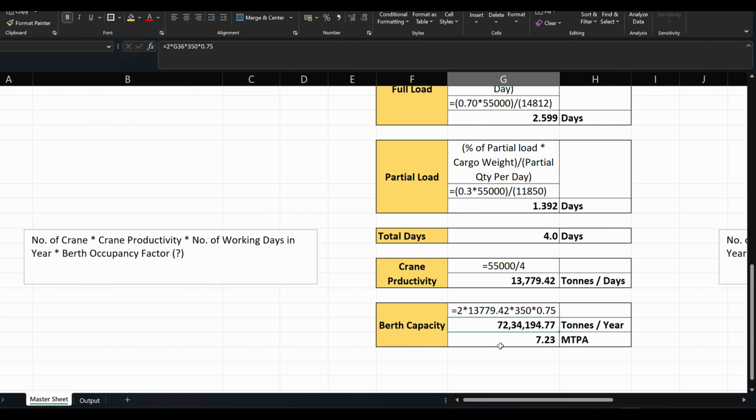So the capacity is 72 lakh 34,000, which we convert to 7.23 million metric tons per annum. Is this the berth capacity?